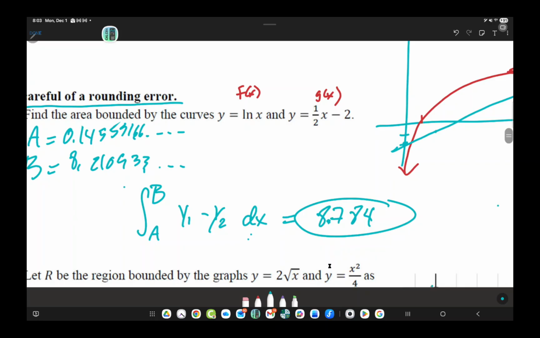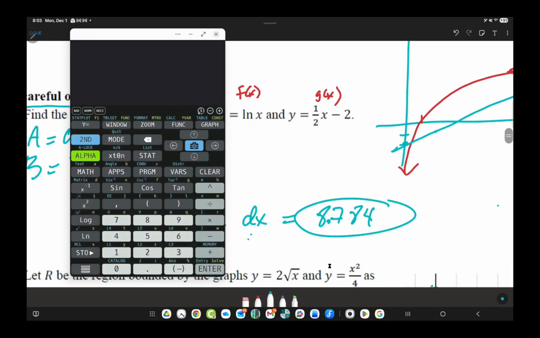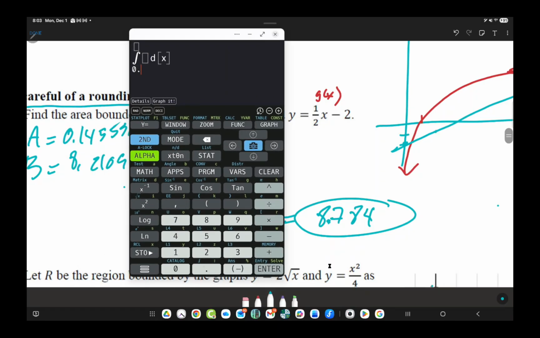Now again, if we had rounded at all, let's say I did this while you're writing this down. Math, integrate. I have my value of 0.146 and 8.211 of, what was it, the natural log of x minus 0.5x minus 2.